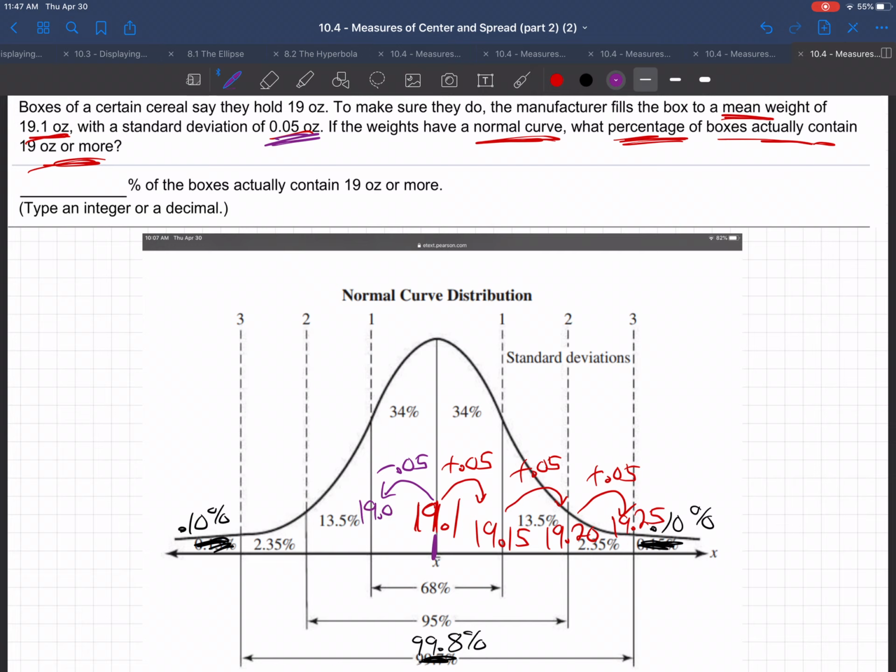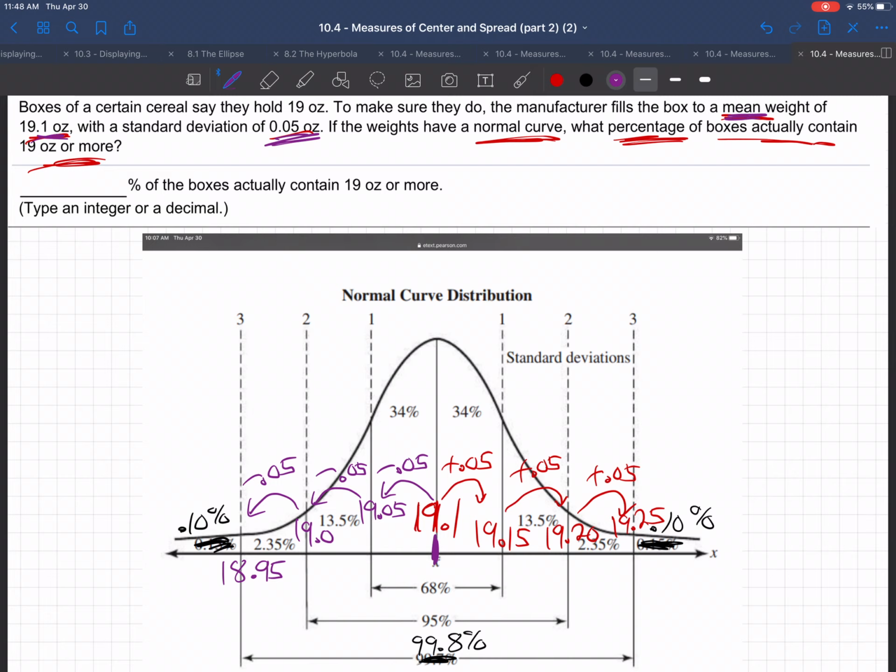This will be 19.05. The next one, down by 0.05 again. This will be 19.0 right on. And then down by 0.05 again. This would be 18.95.